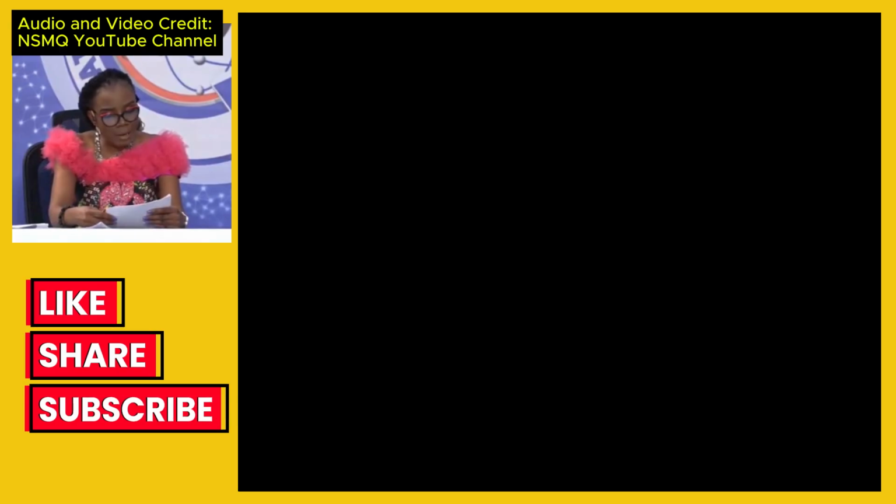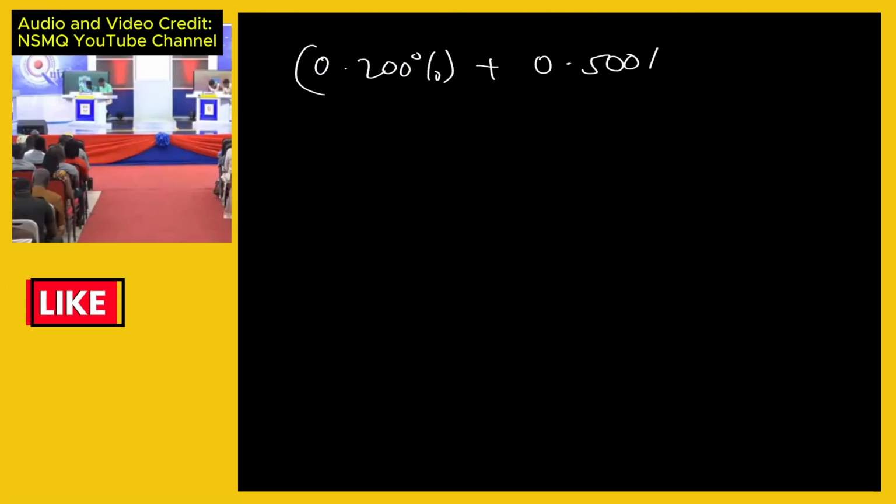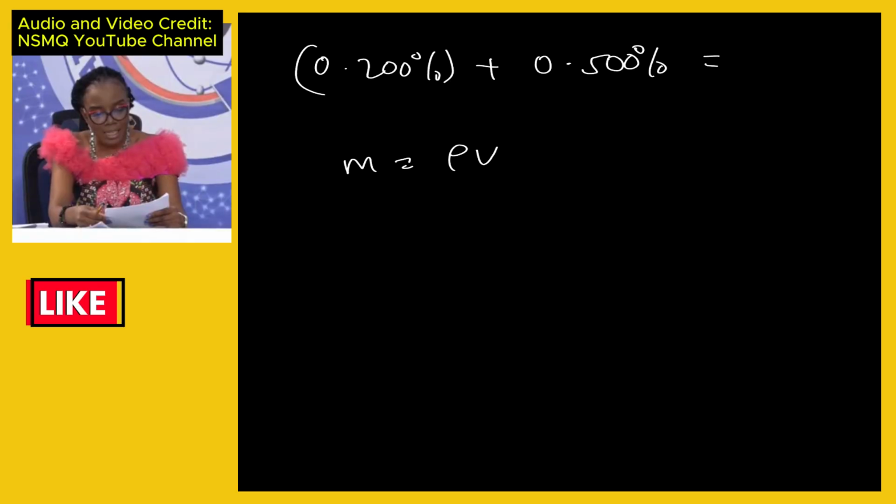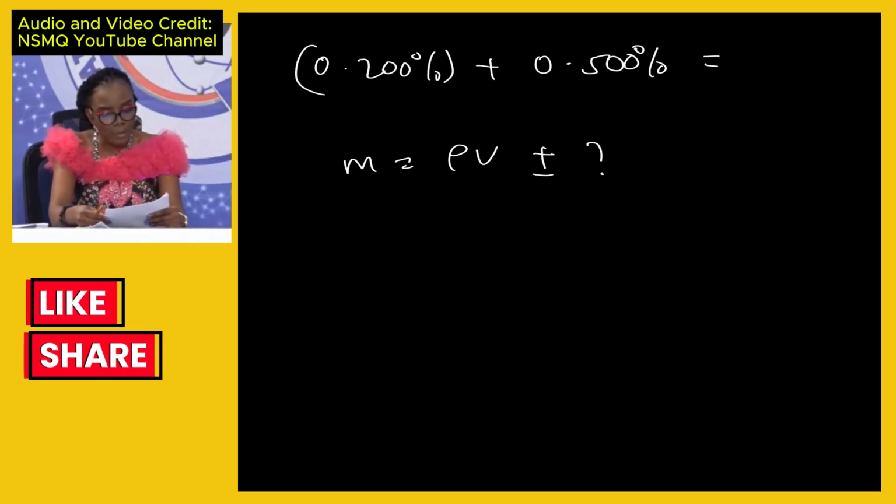In a certain laboratory, the relative uncertainty in length measurements is 0.200% and the relative uncertainty in density measurements is 0.500%. Find the mass together with its uncertainty of an object with the given properties as determined by the laboratory.